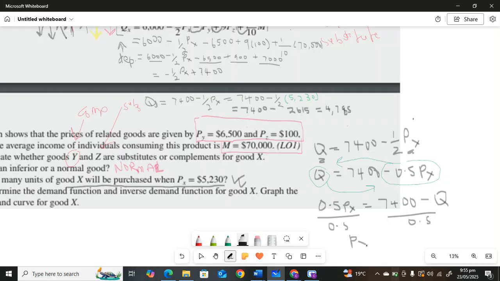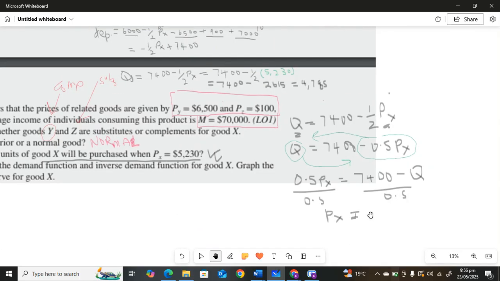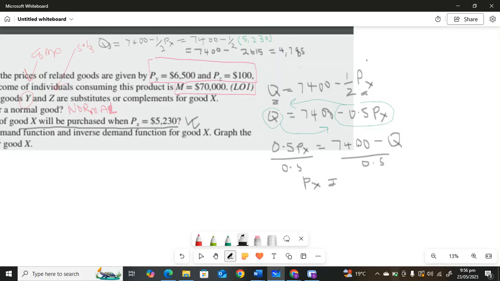So it becomes Px equals, now if you want, you can leave it like this, 7,400 minus Q over 0.5, or you can put it like this, 7,400 over 0.5 minus Q over 0.5, and we can simplify it further.